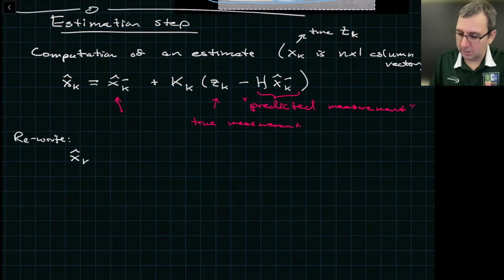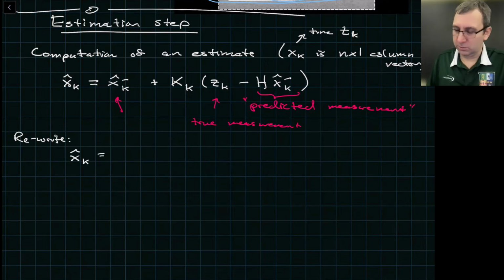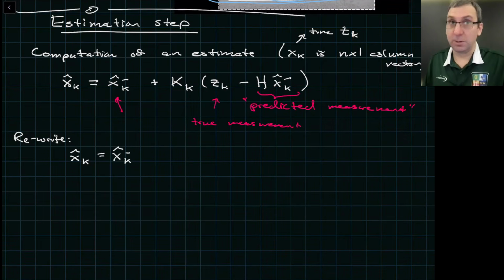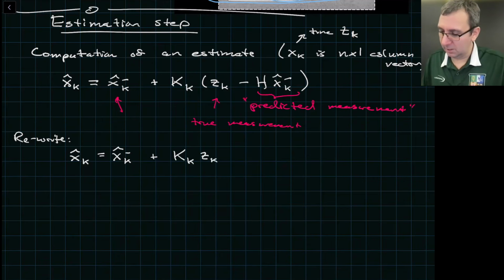So xk equals, I'm just going to do this matrix multiplication. So this is Kalman k times zk minus Kalman times h xk minus.